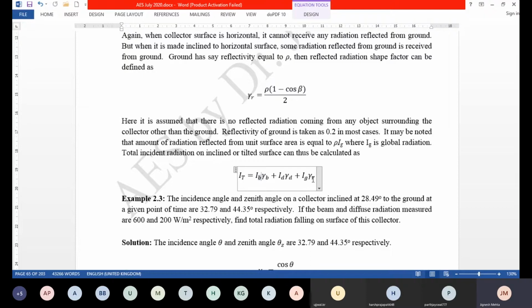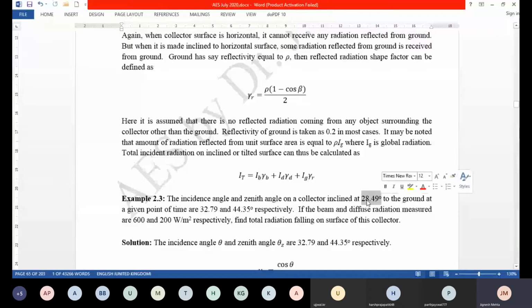So now let's take this example, which will involve small calculations. Right. So I believe you might be ready with your calculator, pen and paper. We have adopted the data from the previous example that was solved. If you recall, a collector at New Delhi is made inclined at a tilt angle equal to the latitude angle of that place.